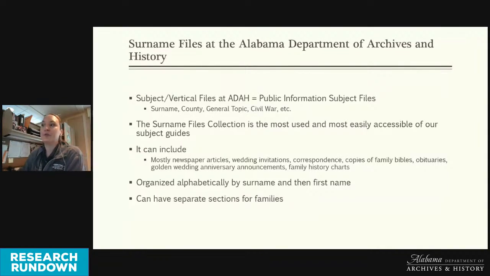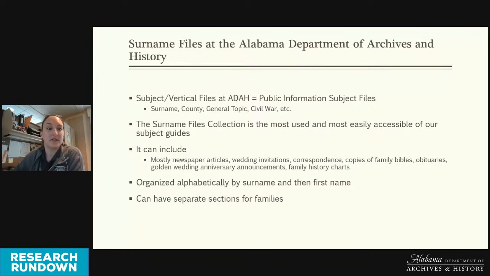It can include newspaper articles, wedding invitations, correspondence, copies of family Bibles, obituaries, golden wedding anniversary announcements, family history charts. So it can include a very large variety of items. And it's all going to be stemmed and organized by surname.